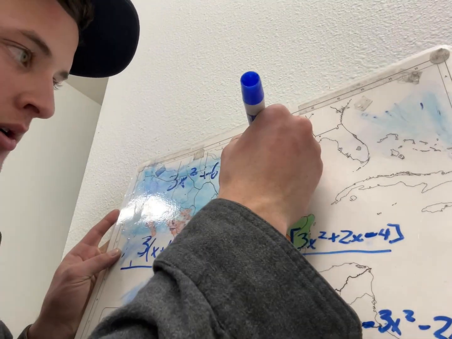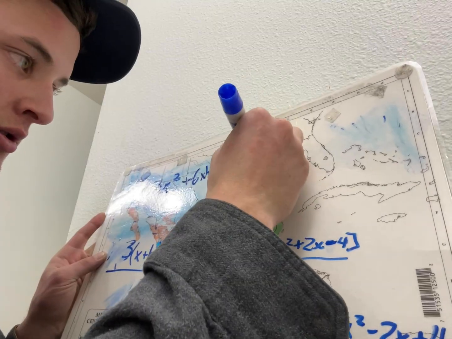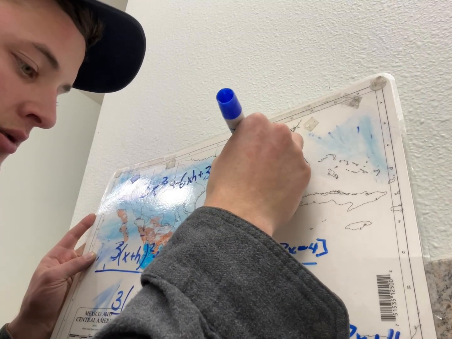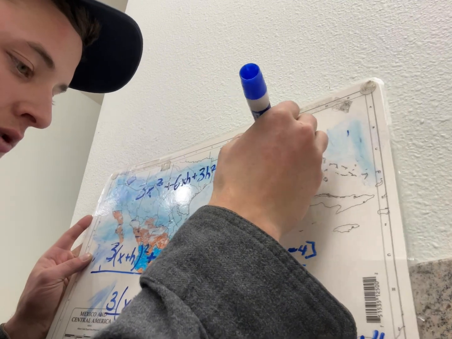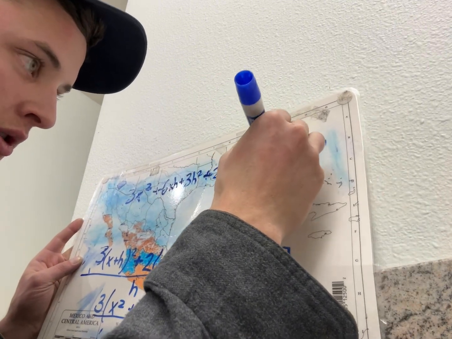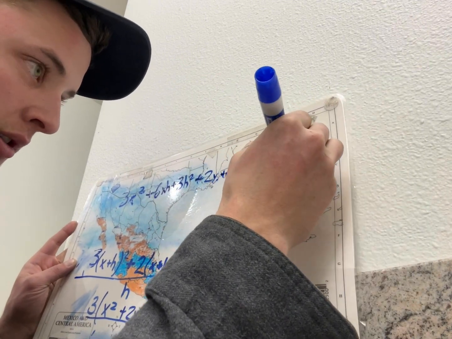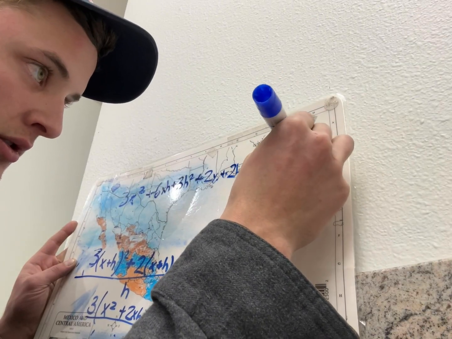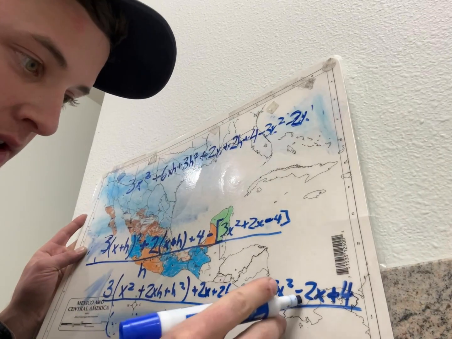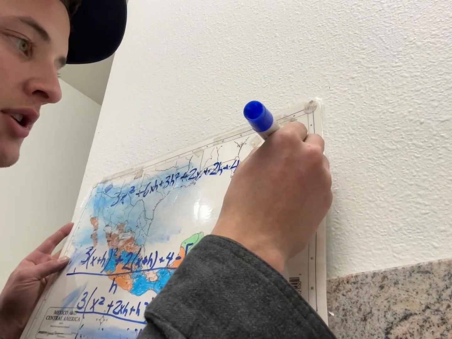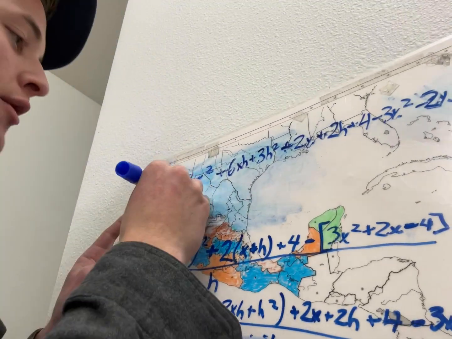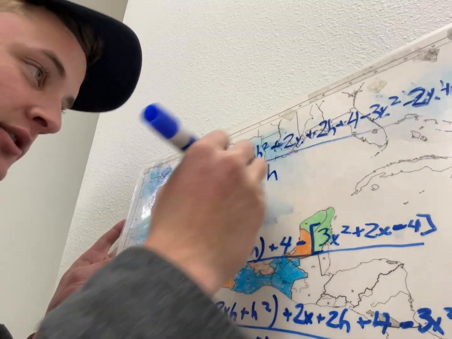Now, plus 2x plus 2h plus 4 minus 3x squared minus 2x. I'm just copying what I got down here. Plus 4. So far, so good. Over h. Don't forget your over h.